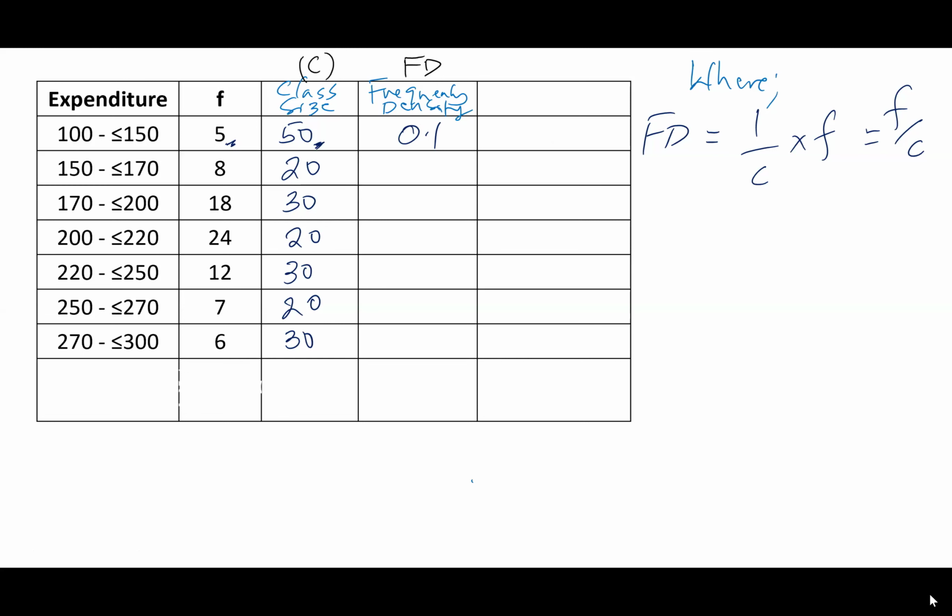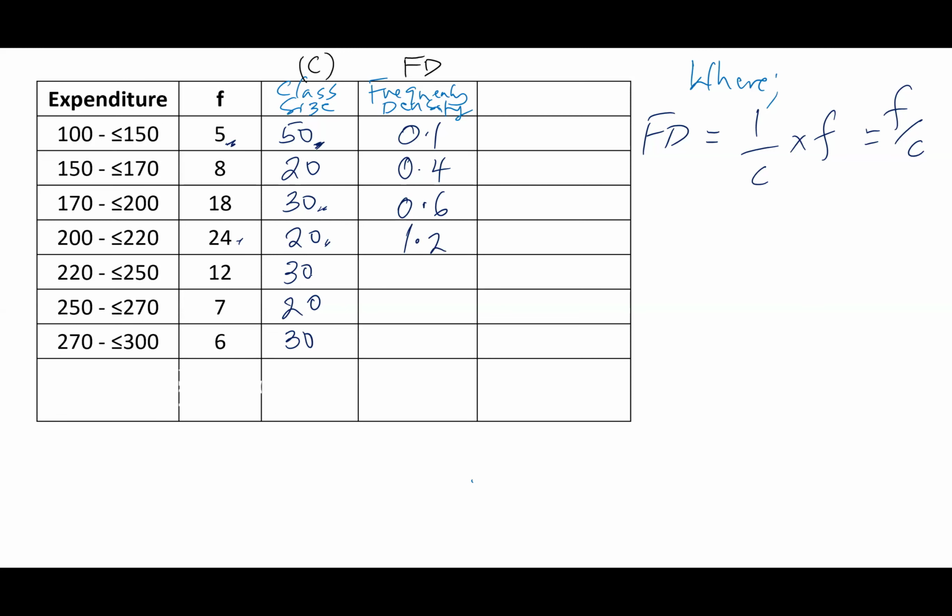The second one is what? 0.4. Then the next one is 1 over 30 times 18, giving us 0.6. Then 1 over 20 times 24, 1.2.